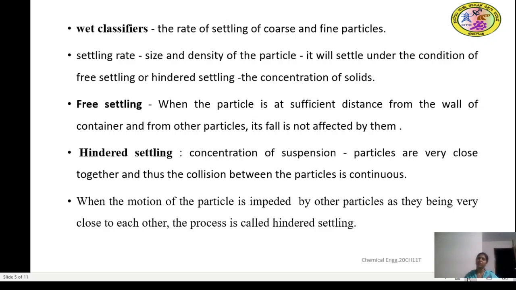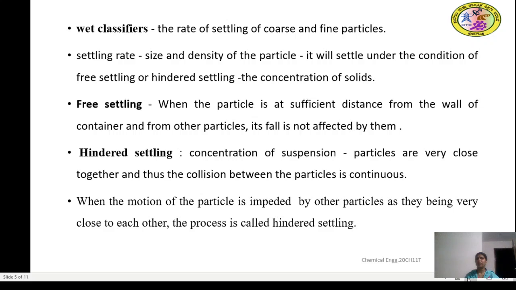The settling rate, as we have already discussed, depends upon the size and the density of the particle, and also on whether it settles under free settling or hindered settling conditions, which depends upon the concentration of the solids. The properties may be the size of the particle, the density of the particle, or the terminal settling velocity of the particle. In terminal settling velocity, again we have free settling and hindered settling. So we will understand what free settling and hindered settling are.